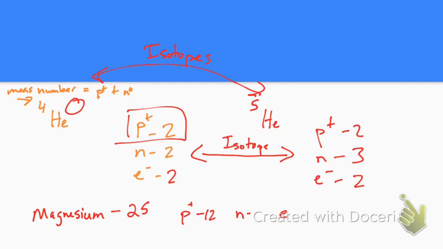The mass number is the protons plus the neutrons, and in the isotope form the mass number is right here. So 25 equals my number of protons, which is 12, plus the number of neutrons. The number of neutrons should equal 13, because 12 plus 13 gets me 25, or you can say 25 minus 12 gives me 13. And this is a neutral atom. There is no charge, so my electrons have to equal my protons. Okay, hopefully this helps.